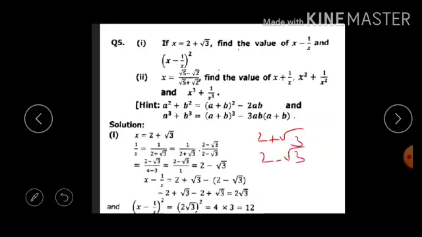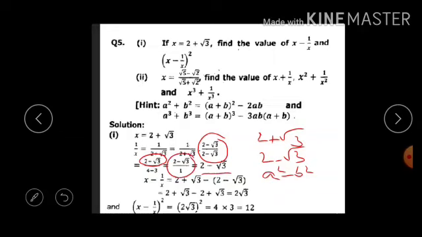Multiply top and bottom by the conjugate of the denominator. 1 multiplied by 2 minus square root of 3 is equal to 2 minus square root of 3, and the denominator is solved with the help of the formula a square minus b square. 4 minus 3 is equal to 1. 2 minus square root of 3 divided by 1 is equal to 2 minus square root of 3.